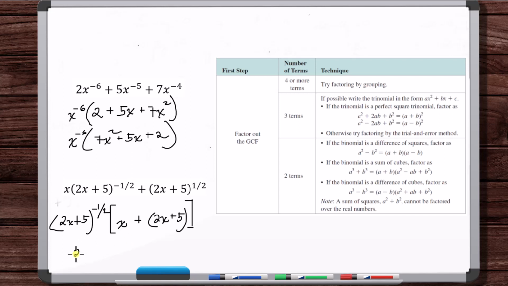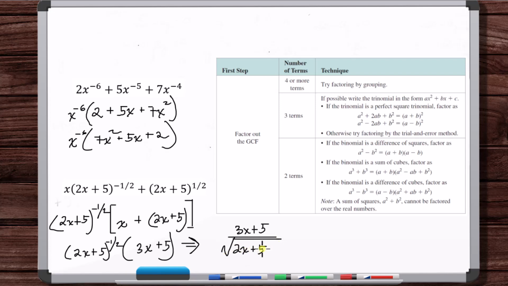So we can say 2x plus 5 to the minus 1/2, and then this is 3x plus 5. Now we can bring this 2x plus 5 to the minus 1/2 into the denominator, and we get 3x plus 5 over the square root of 2x plus 5, right? That's factored, that's simplified.